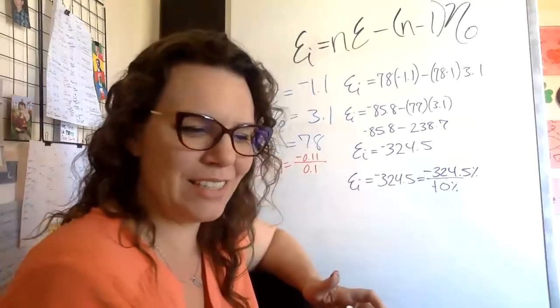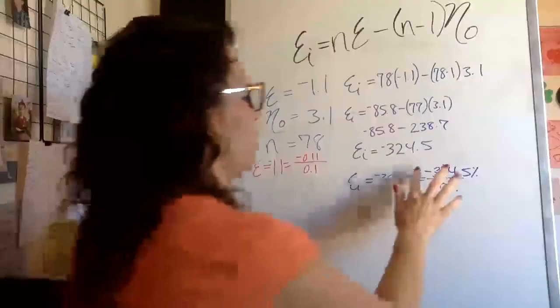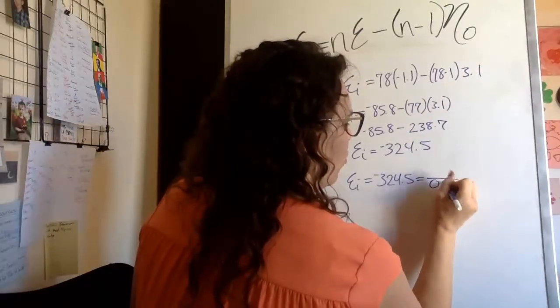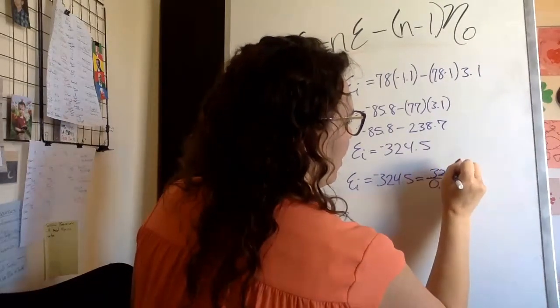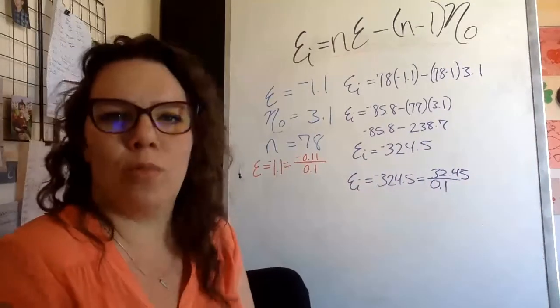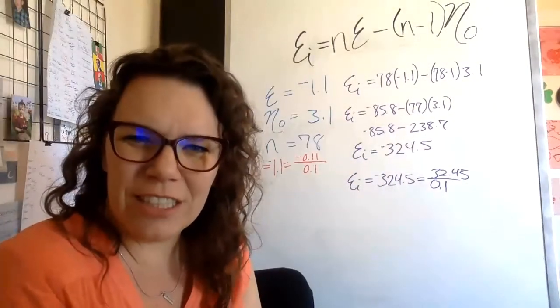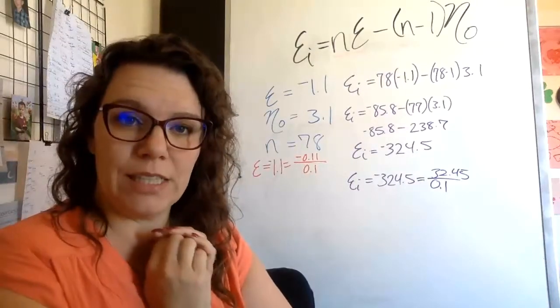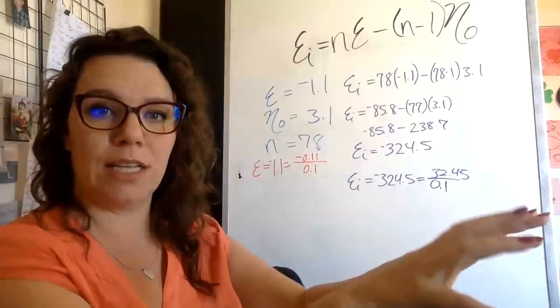Does that kind of make sense? Or let's put it this way, let's put it in decimals: 0.1 and 32.45, versus 0.11 and 0.1. Do you see the difference between the individual firm's price elasticity of demand and the market's price elasticity of demand?